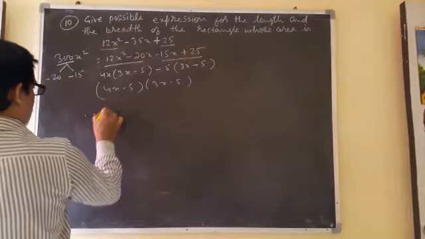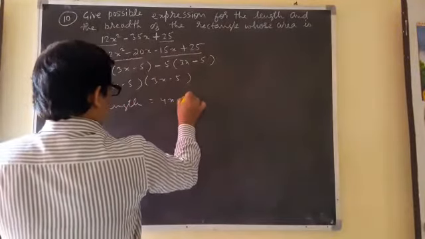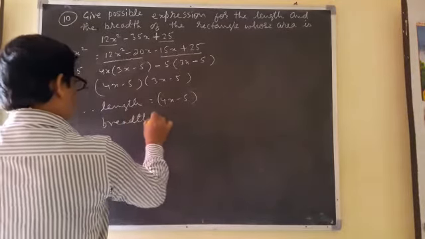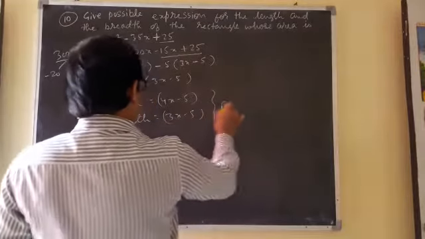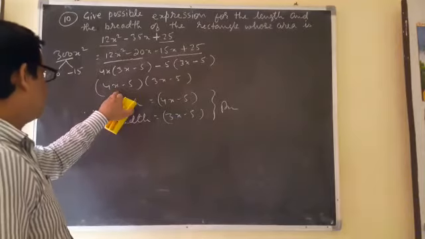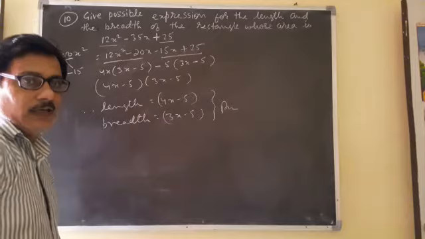Therefore we will write length is equal to 4x minus 5 and breadth is equal to 3x minus 5. This is our answer. Either you can write breadth this one also, either this one will be length or this one will be breadth, or this one will be length. This is our answer.